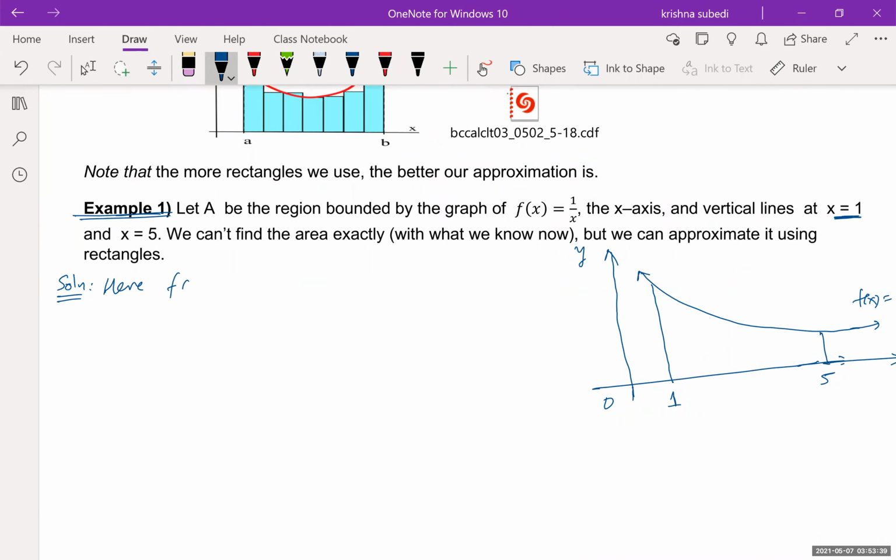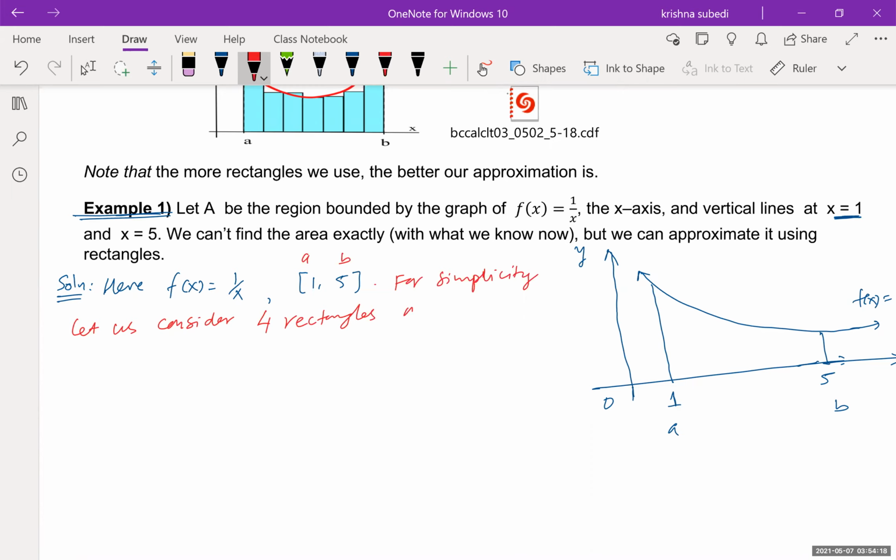Here we are given f of x is 1 over x, and the interval is a and b, which is 1 and 5. I assume this to be my interval, the points a and b. And for simplicity, let us consider 4 rectangles.